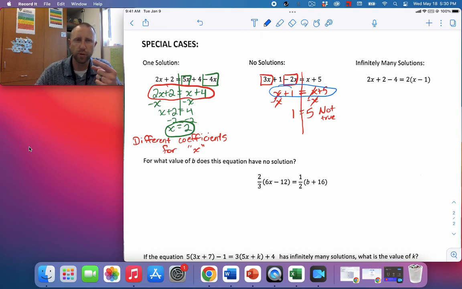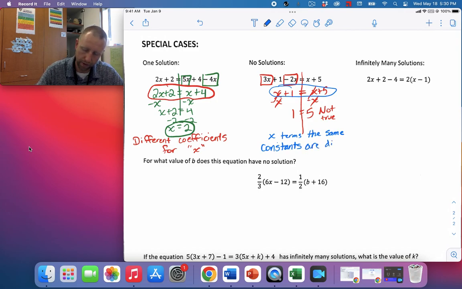So the x terms were the same, but the constants are different.